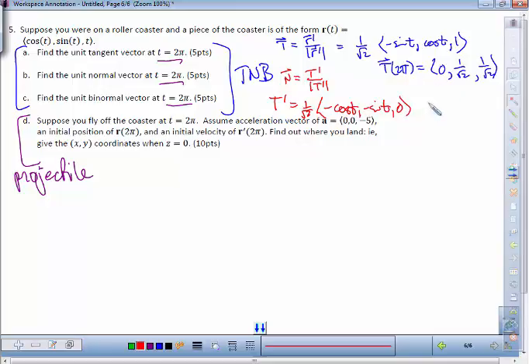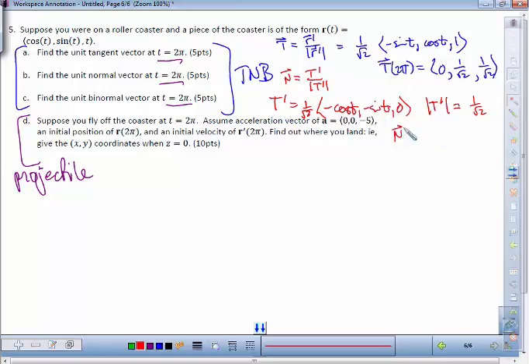And the magnitude of this vector, sine and cosine and 0, is just going to be 1. So the magnitude is just going to be 1 over root 2. And so if I divide that, that would cancel the 1 over root 2, and then I would just have this.